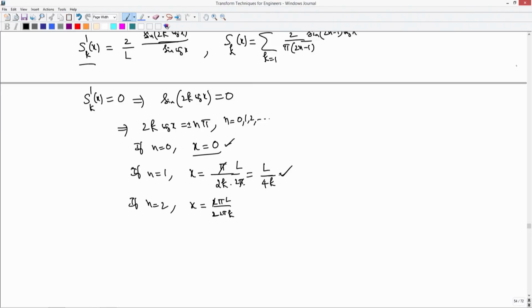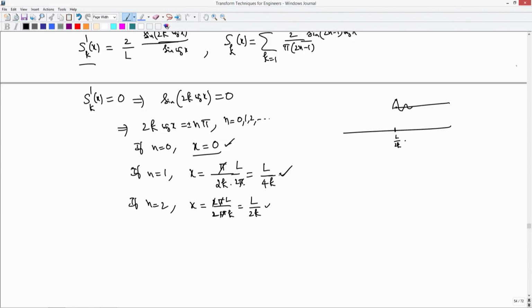So, the 2 goes, pi goes, and this is L by 2k. This quantity is bigger than L by 4k. So, the first oscillatory peak value here will be around L by 2k.